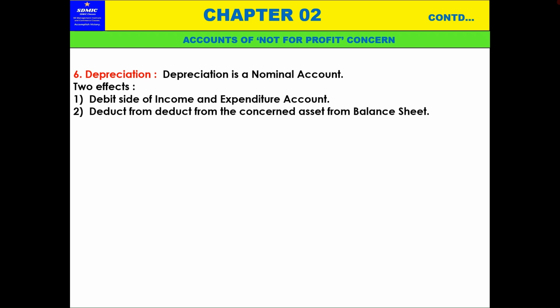It will be written off in a profit making organization. In a not for profit organization also, the amount of depreciation for the particular year will be debited to the income and expenditure account, and the same will be deducted from the concerned asset on which the depreciation is charged, and the balance will be carried forward.